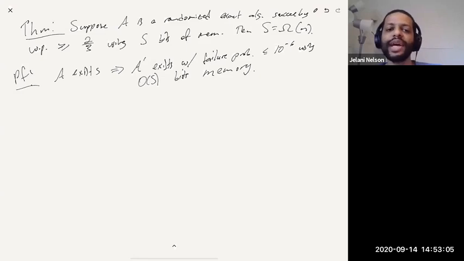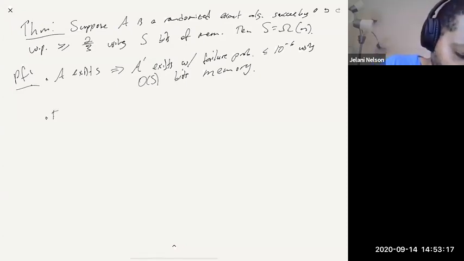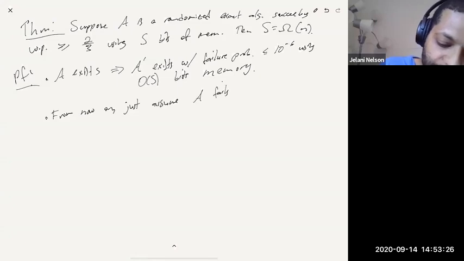That will work as long as at least half the copies worked, which happens with really high probability by the Chernoff bound. So we basically get this for free. From now on, I'll just assume A itself fails with probability at most 10 to the minus 6.